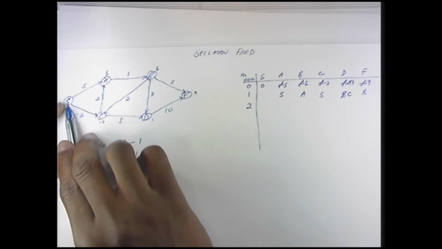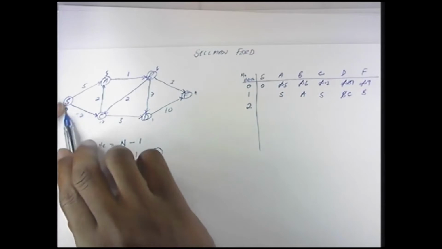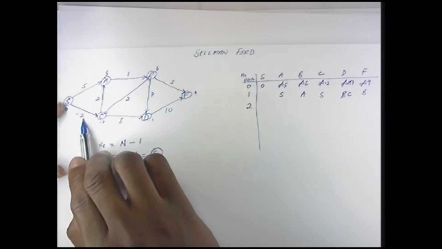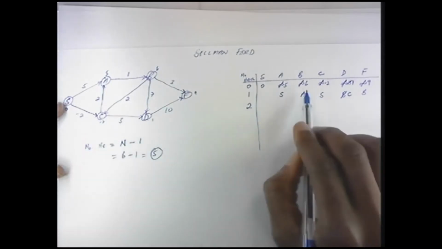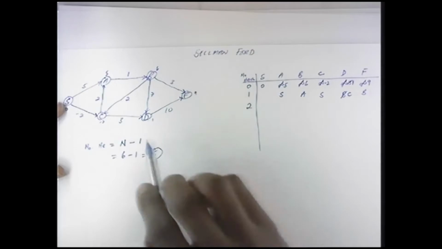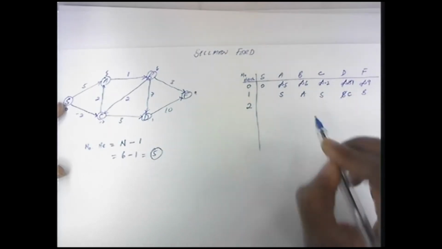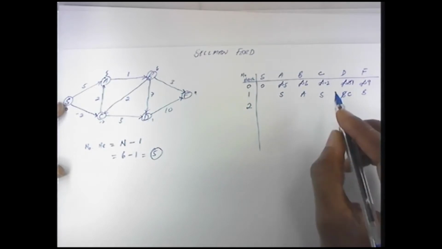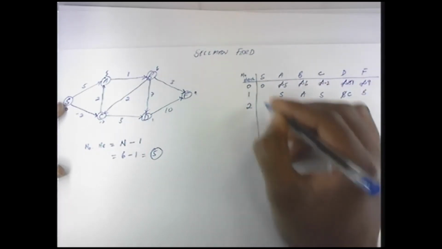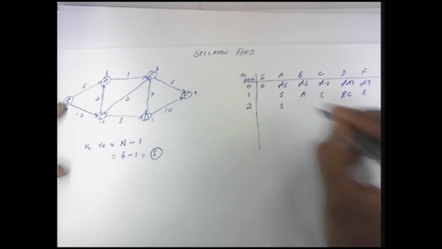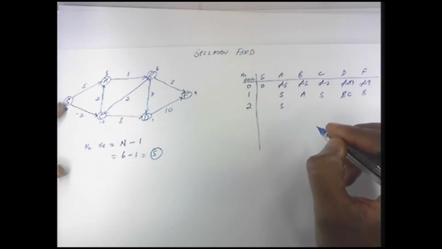What about to C? It's 0 plus negative 2, which is negative 2. Negative 2 compared to the cost at B. No, the cost at C, sorry, is still negative 2. So we maintain negative 2. So it means at A, this is still coming from the source.